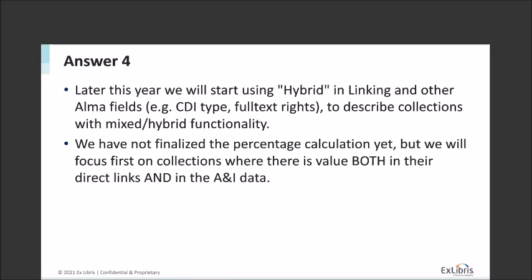Regarding percentage, we haven't finalized it yet, okay? But I would say that we will focus on collections where, as I said, there is value also in the direct links and also in the ANI data.